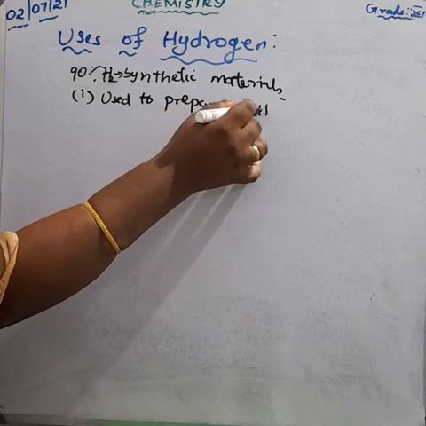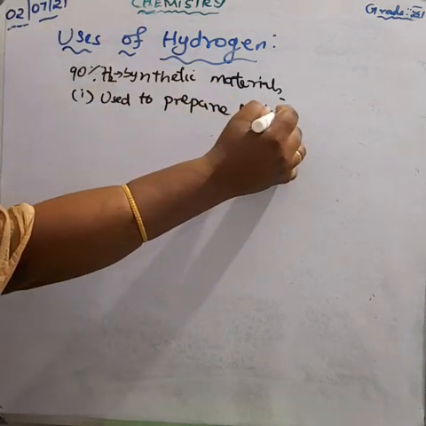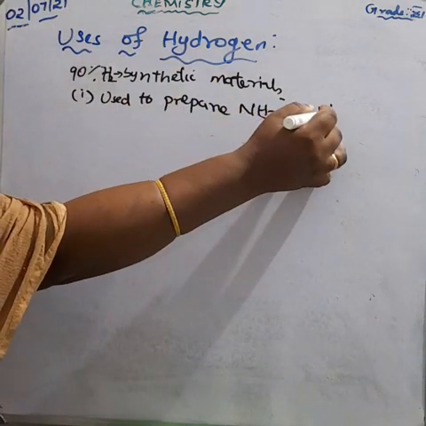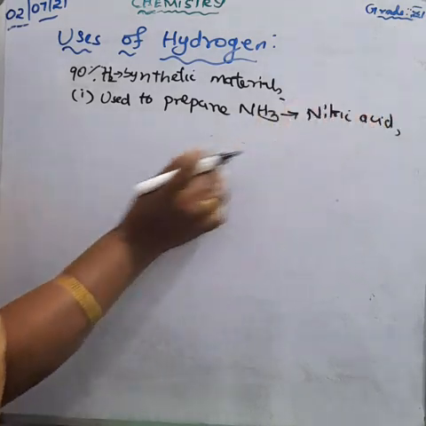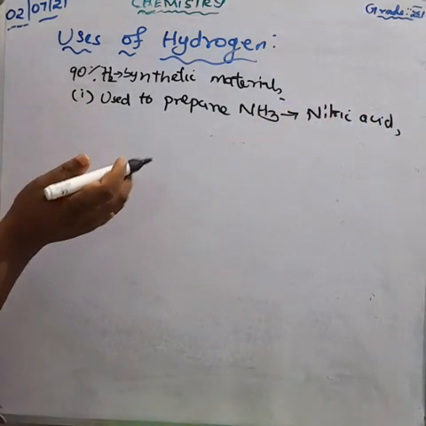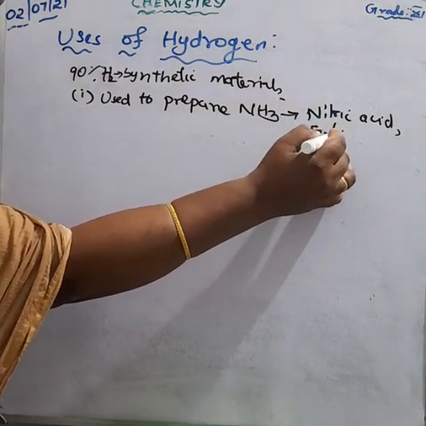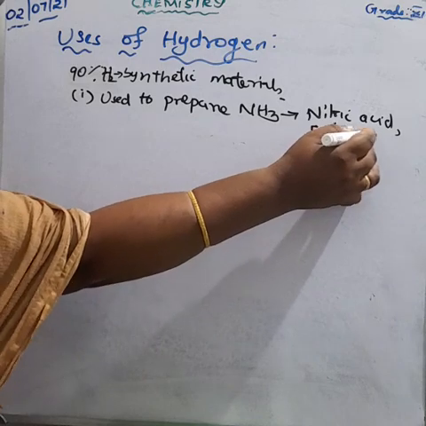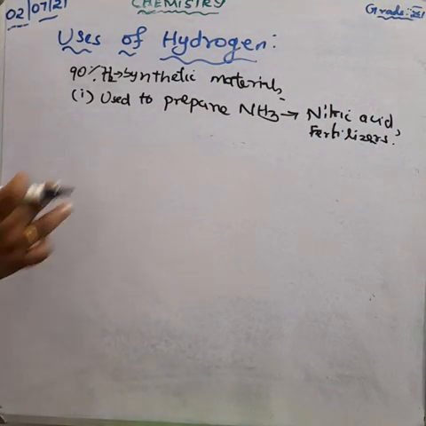It is used for the manufacture of chemicals such as nitric acid, fertilizer and explosives. What are the chemicals? Nitric acid, fertilizer and explosives. For all other explosives, ammonia is the main chemical.